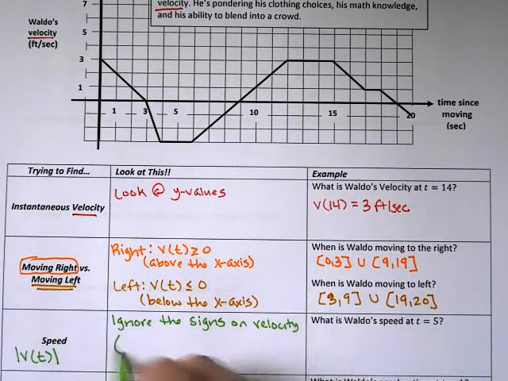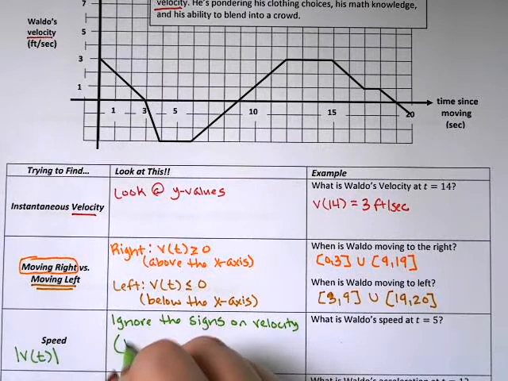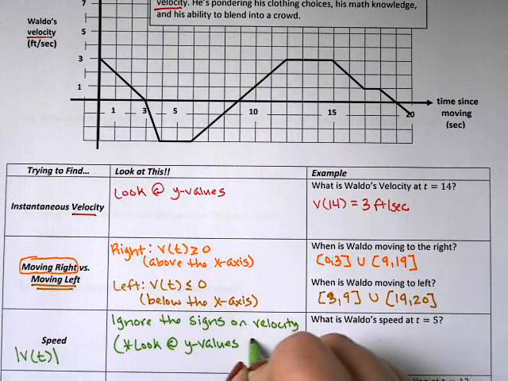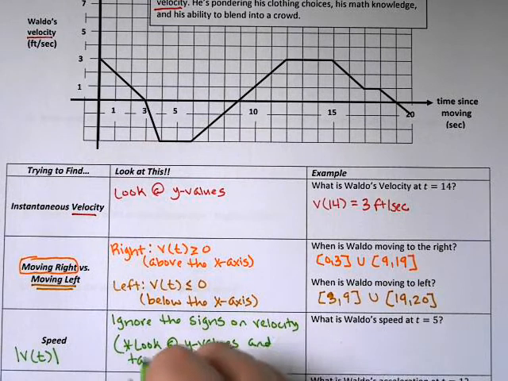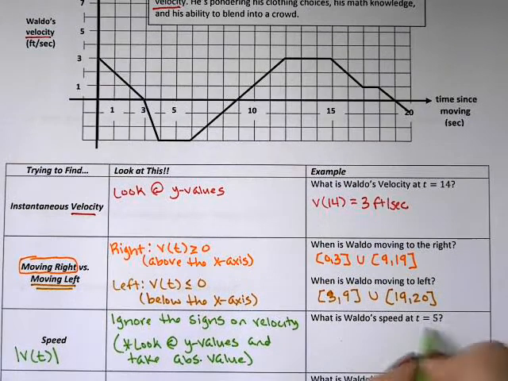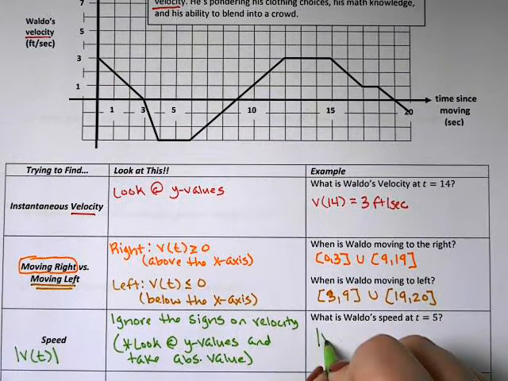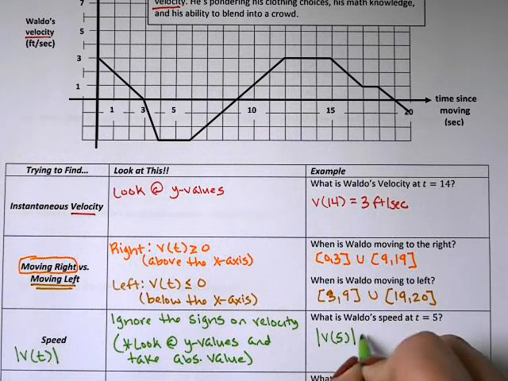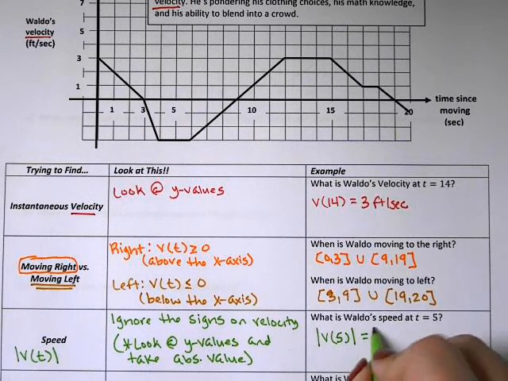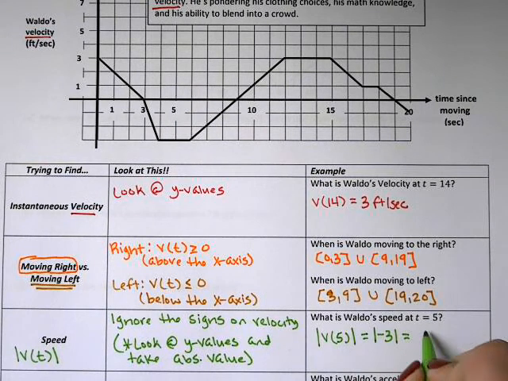In other words, we do what we did to find the instantaneous velocity: look at the y values, and then just take the absolute value. So if I want Waldo's speed at t equals 5, I want the absolute value of his velocity at 5. His velocity at 5 is negative 3, so if I take the absolute value, I get 3 feet per second.